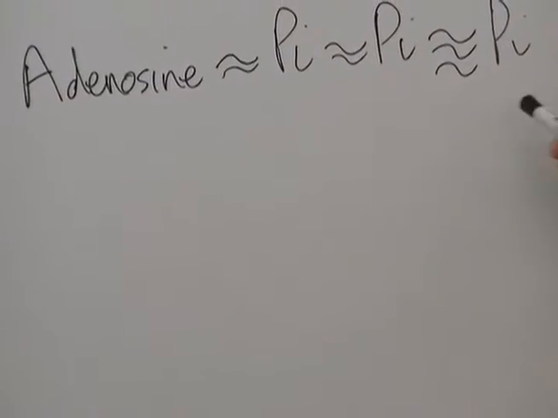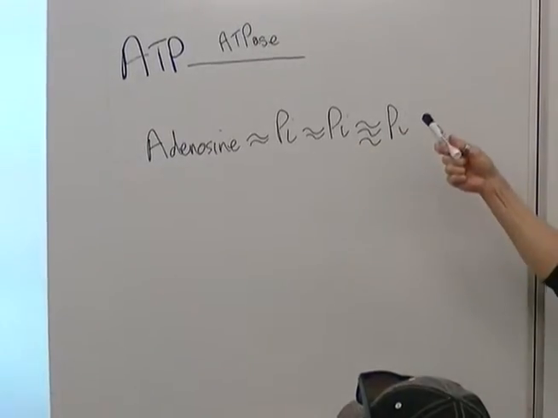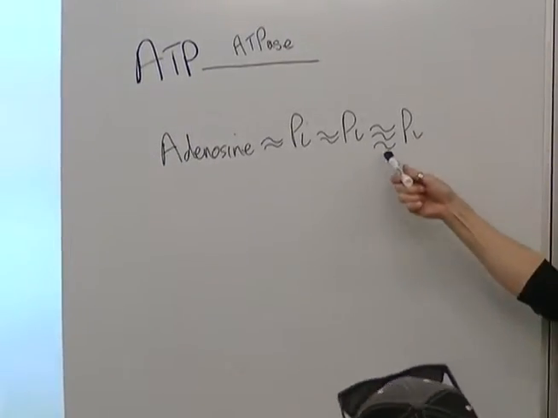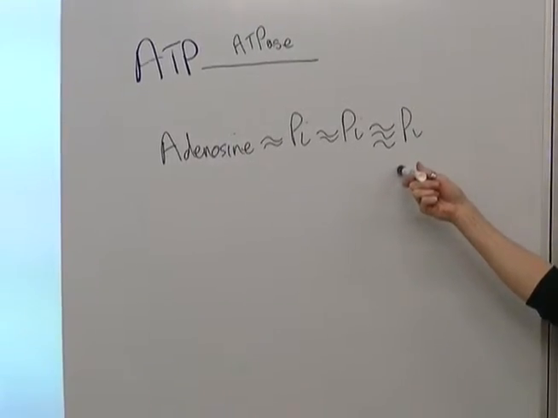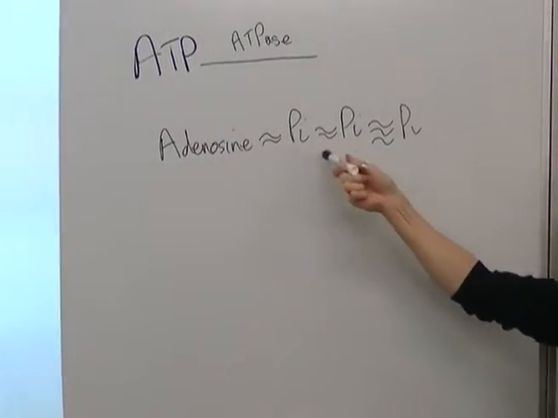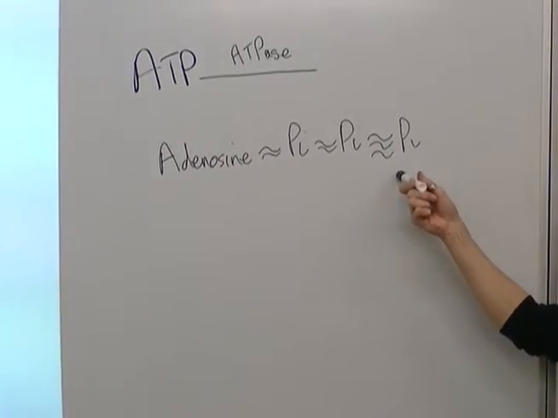Yeah. All right. So this third energy bond is the key. All right? That's the energy that we can use for muscle contraction. We've got other energy bonds here, but we can't use them. We can only use this one.